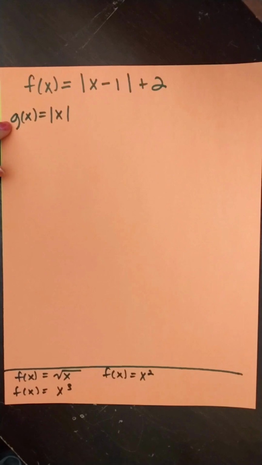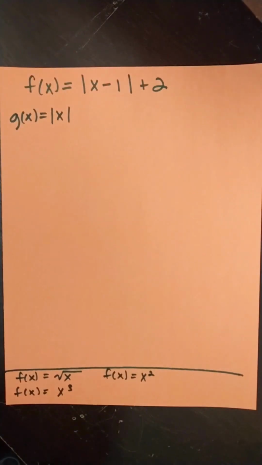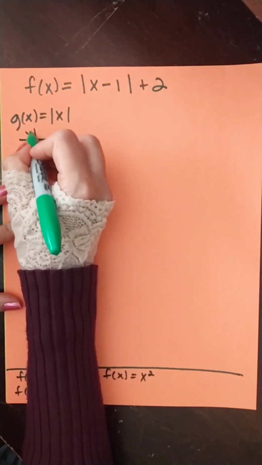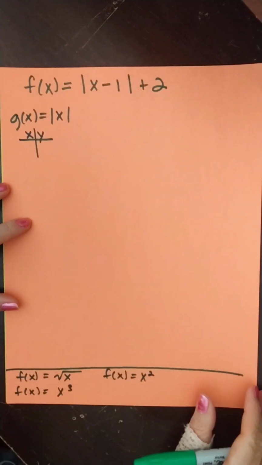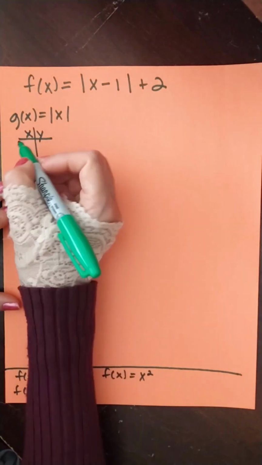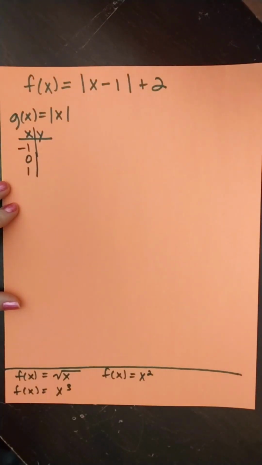So I chose this one for my base function because our original problem has absolute value symbols in it, so the base function is the absolute value of x. And then with each function, you need to identify some key points. So some key points to go with this base function, I would choose -1, 0, and 1, just small, easy numbers.